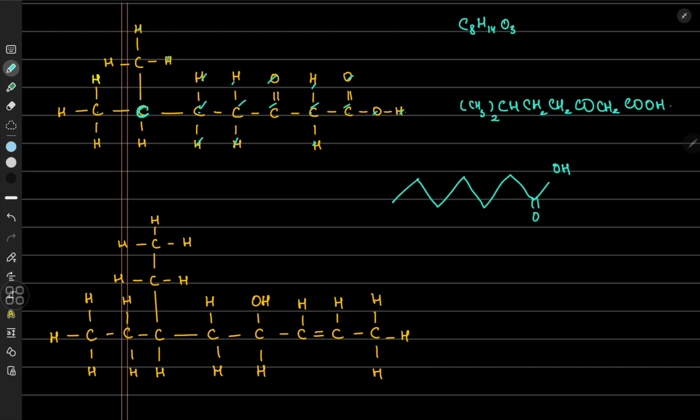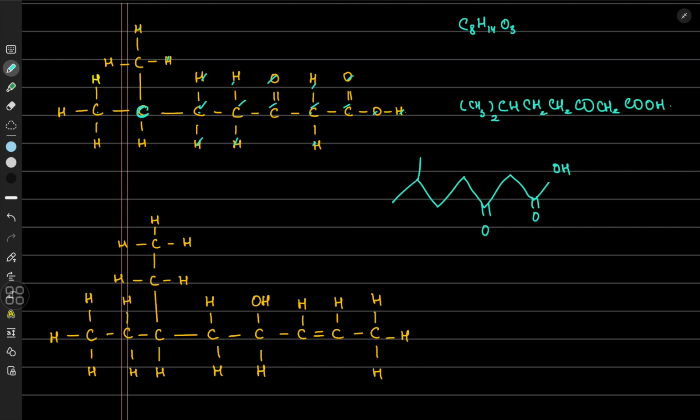With the third last carbon, we have a double bond O as well. Then there's nothing attached to this carbon, nothing to this. There is a CH3 group attached to the second carbon, so we can show it like this. And this will then be your skeletal formula. I hope this is clear. Do rewind the video if you can't get it the first time, but that is how you'll do it.